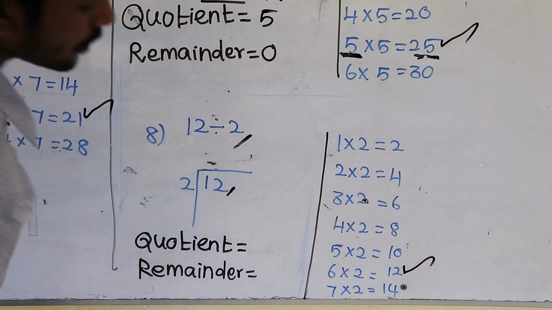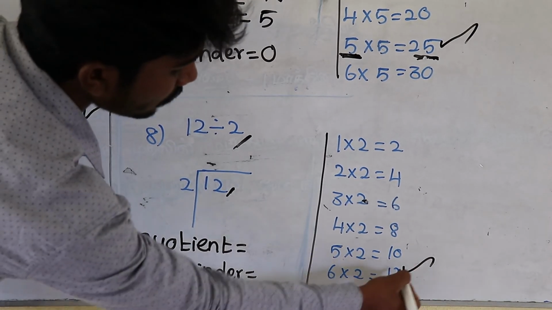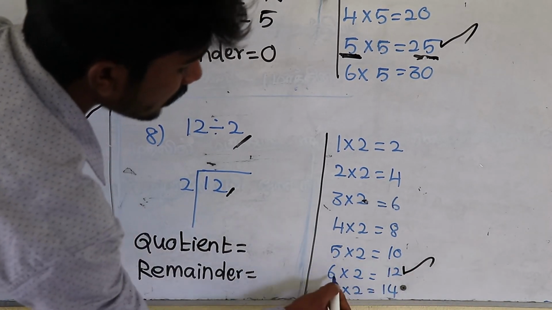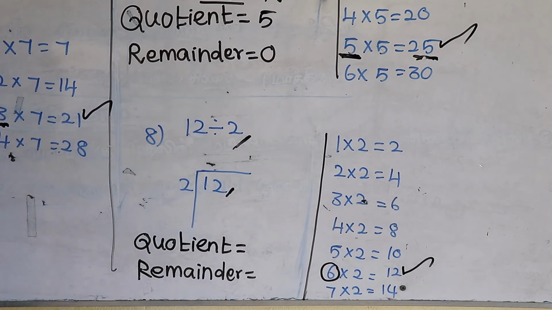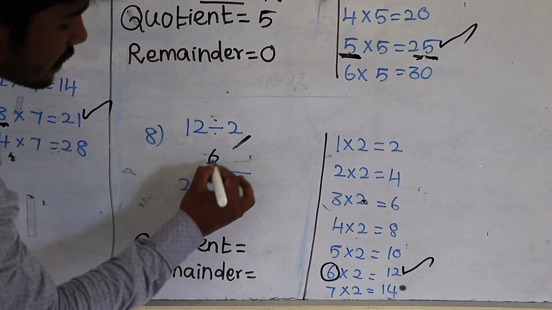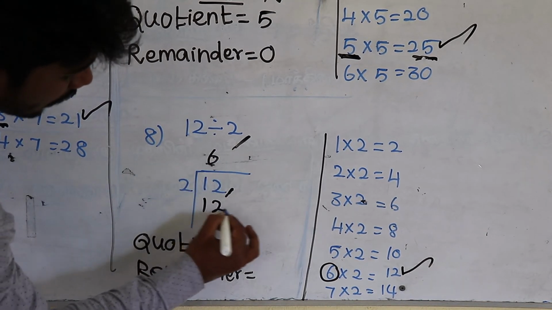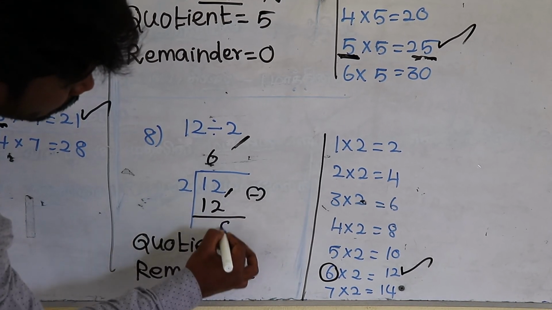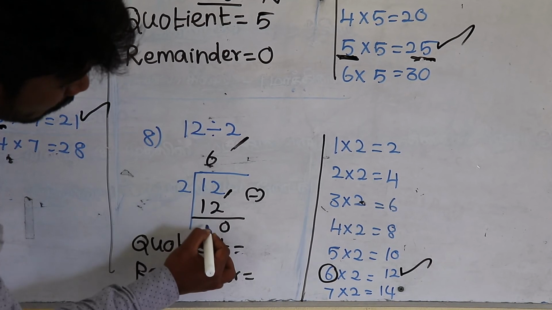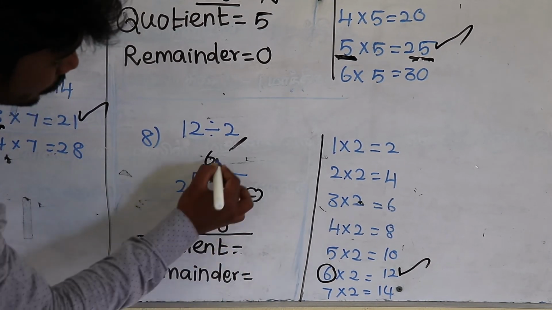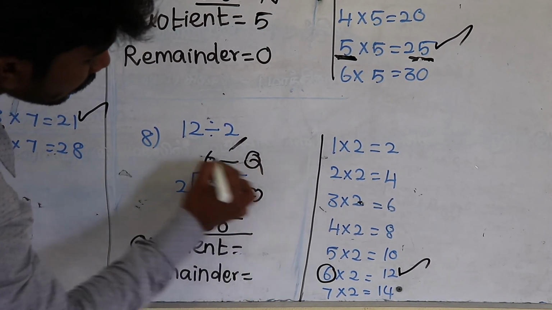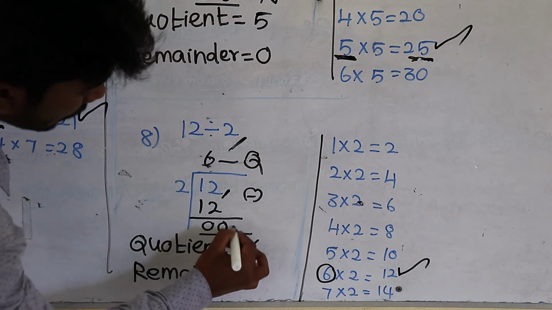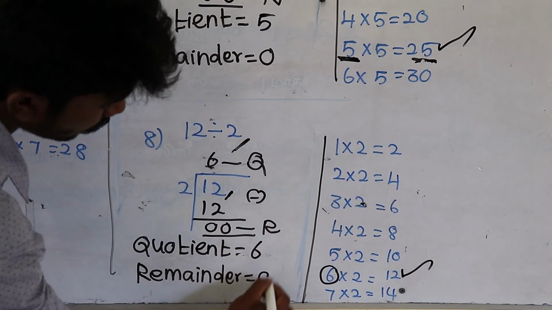This is 12. How many 2's are 12? 6 2's are 12. 6 is the quotient value. Write 6 here. Now subtraction. 2 minus 2 is equal to 0. 1 minus 1 is equal to 0. So the quotient value is 6 and the remainder value is 0.